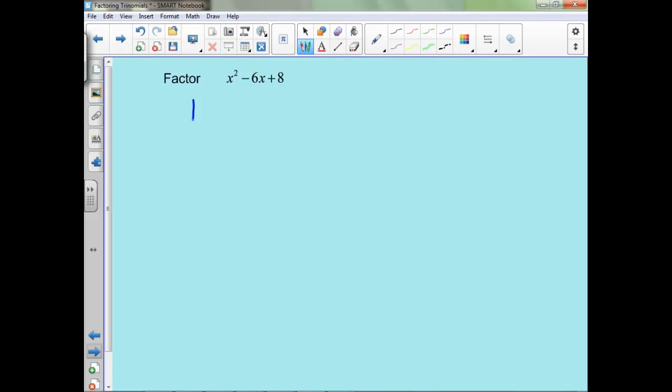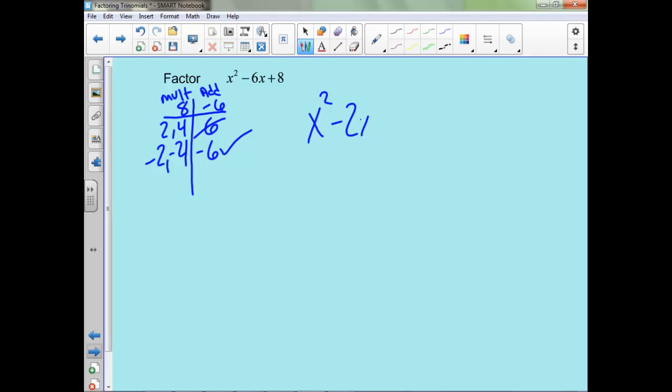So now let's try this one. It's in the right order. We want to multiply to 8, add to negative 6. GCF is x.